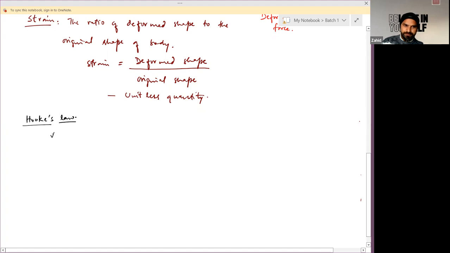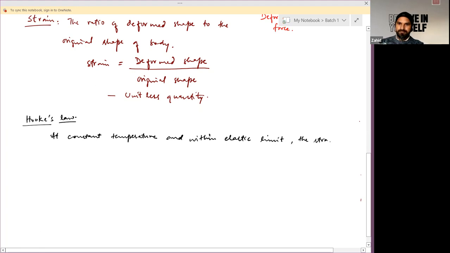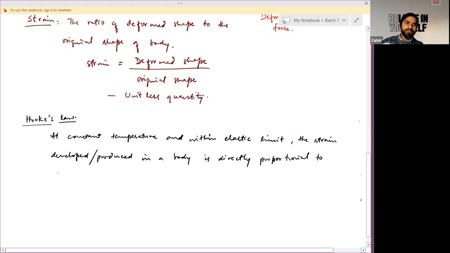So according to Hooke's law, at constant temperature and within elastic limit, the strain developed or produced in a body is directly proportional to the stress applied.